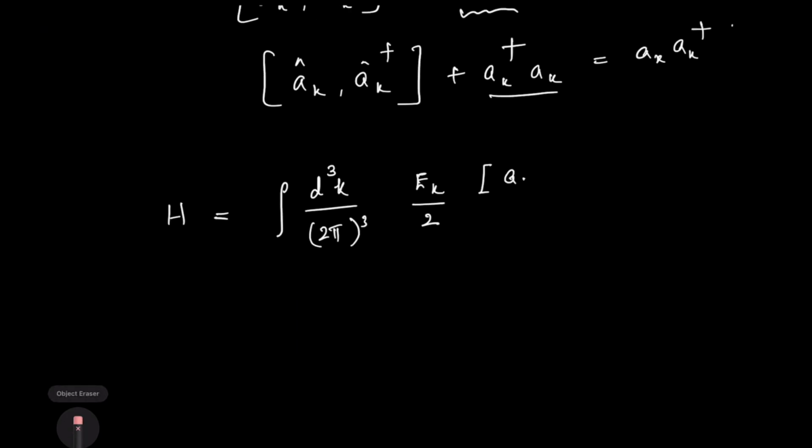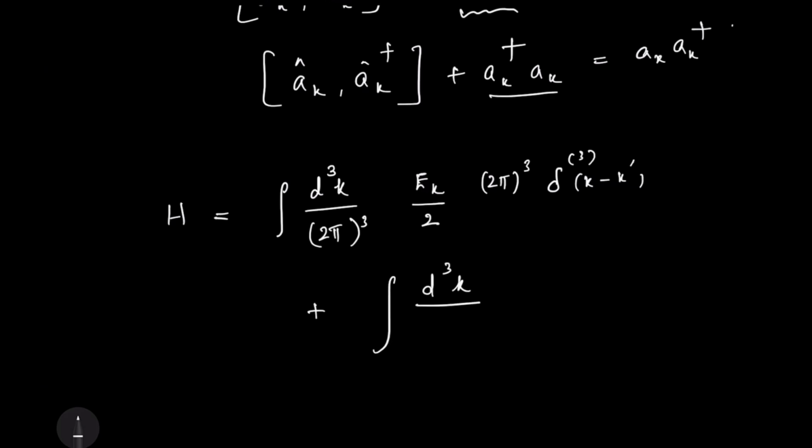So I can write, instead of the commutator, 2π cube δ³ of k minus k prime, plus integral of d³k by 2π cube.